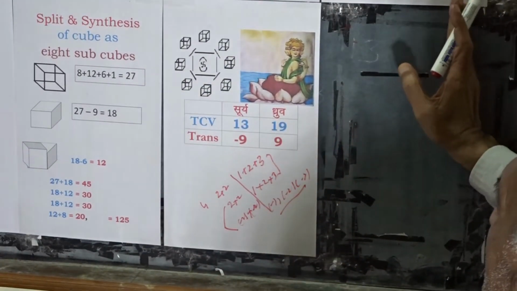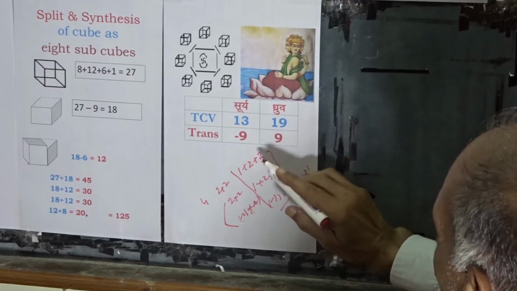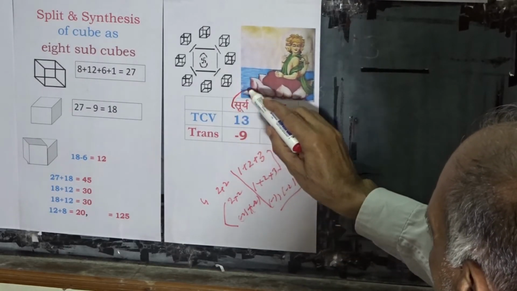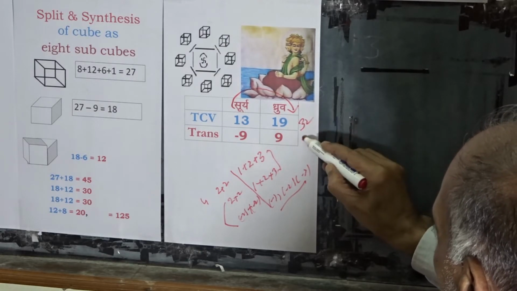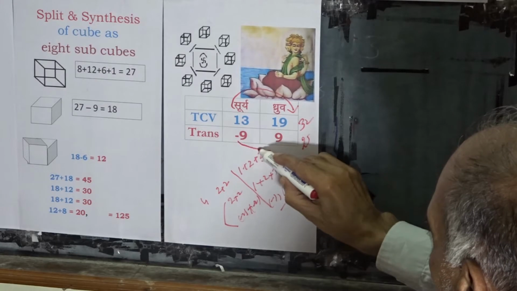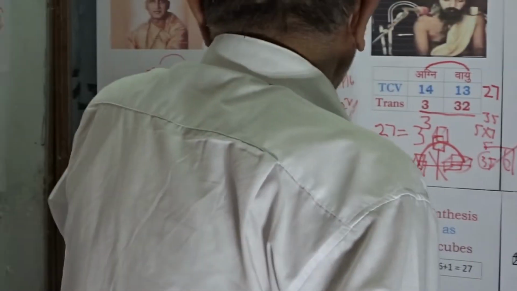It is this reversal phenomenon which deserves to be seen, and see when we transit again from Surya to Dhruv, then we reach at value 32, which is equal to 2 raised to the power 5, and here we reach at value 0, and we reach back at the start with position of a trans value 0.